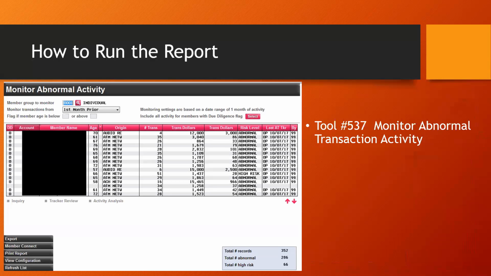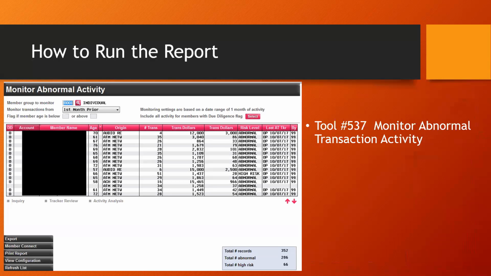The other thing that you're seeing on this screen is include activity for members with due diligence flags. And we're going to get into that here in a little bit because there's a second part to this. When you go through a BSA audit, one of the things that every good BSA auditor is going to ask you is, number one, do you have high-risk accounts? Yes, we do. Number two, are you actively monitoring them?